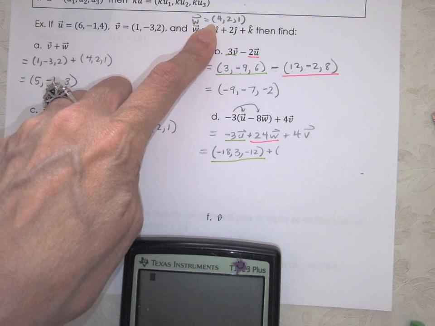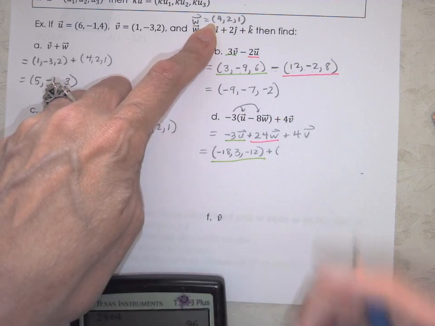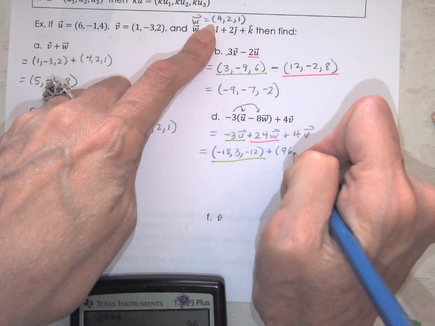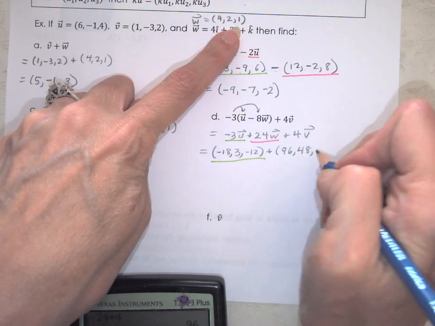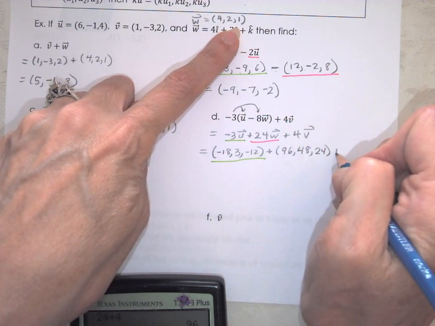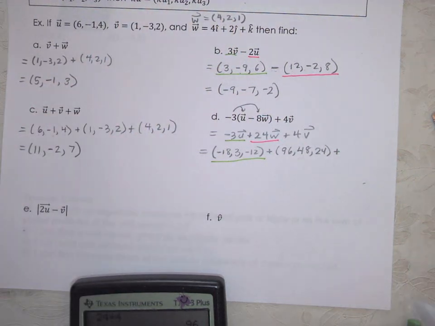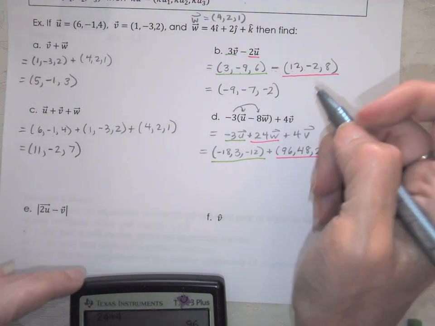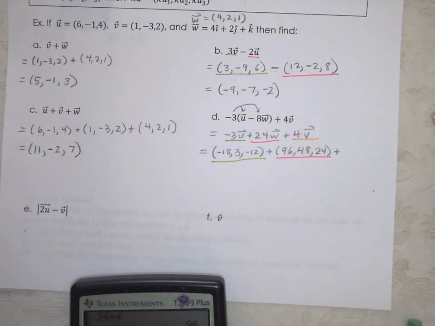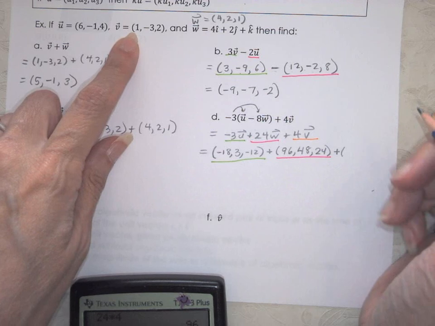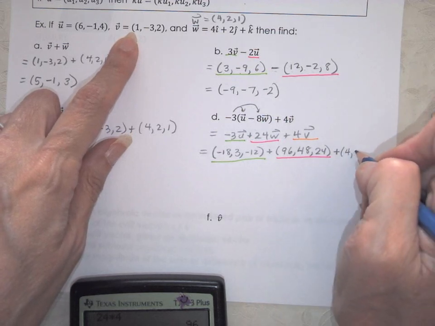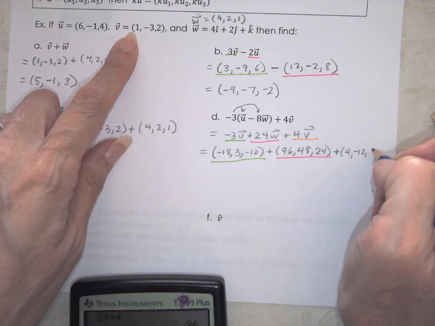So 24 times 4 is 96, 24 times 2 is 48, and 24 times 1 is 24. And then my last vector represents 4 vector v's. Here's vector v. 4 vector v's is 4, negative 12, 8.